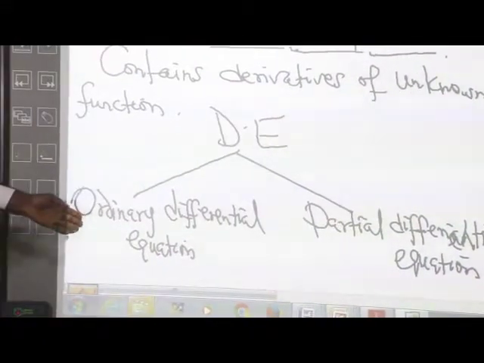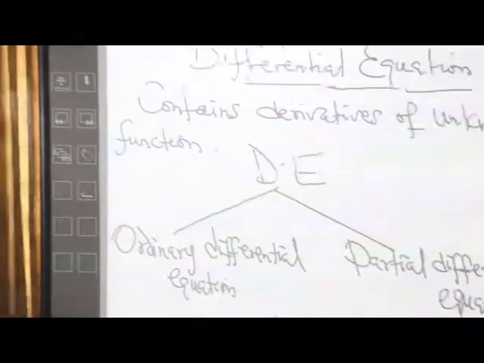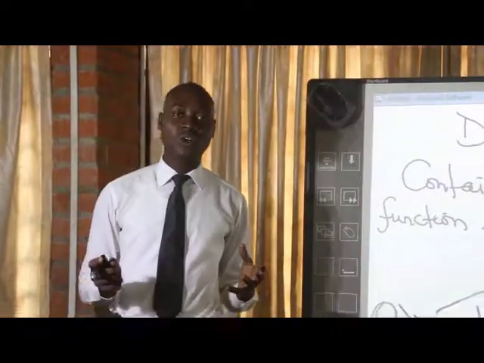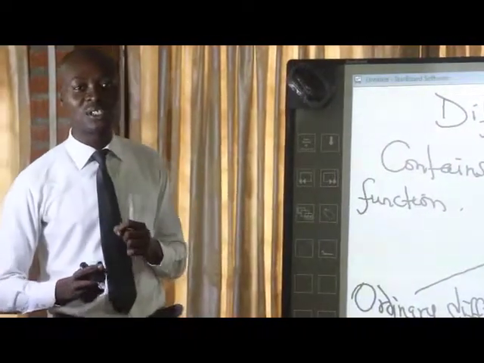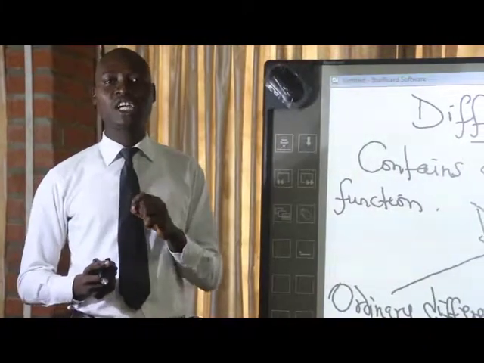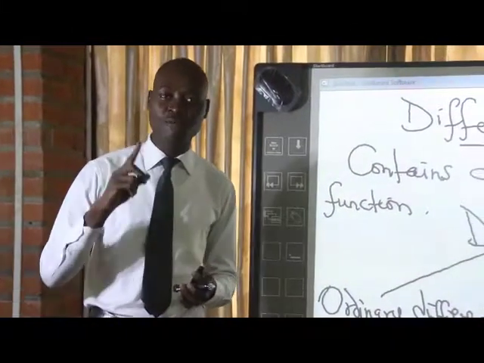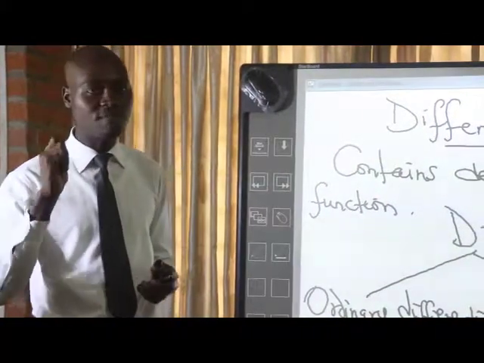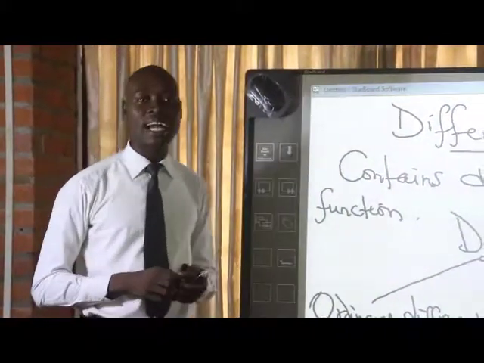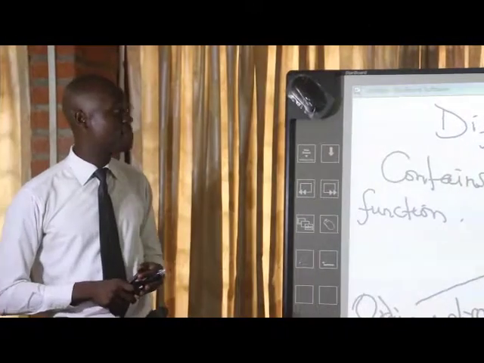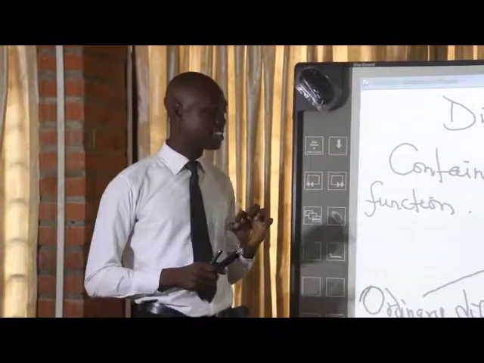What is an ordinary differential equation? Simply put, it's a differential equation in which the dependent variable is a function of just one variable. So in that case, we can only have total derivatives.